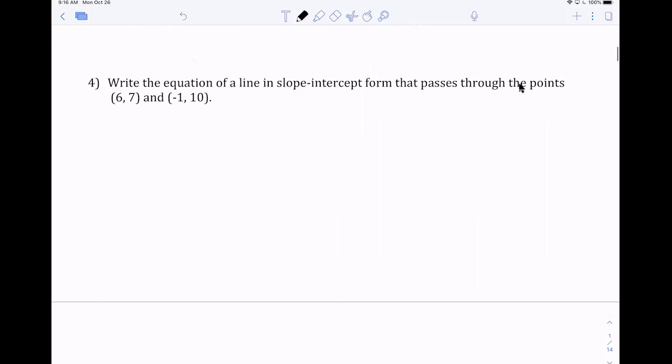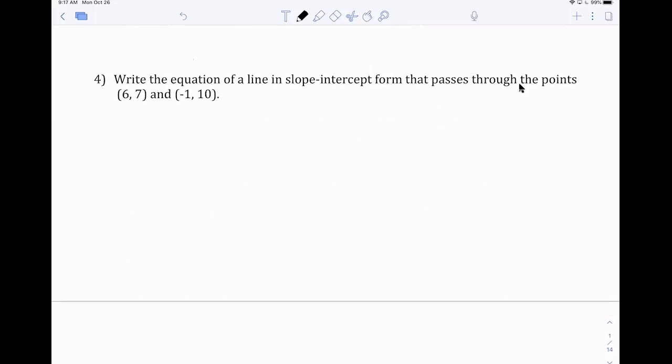Write the equation of the line in slope-intercept form. All right, Ms. Jacobson, you're up. What do I have to do first? There you go. You have to find the slope. Thank you very much.